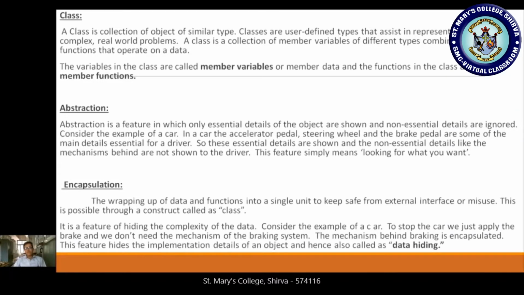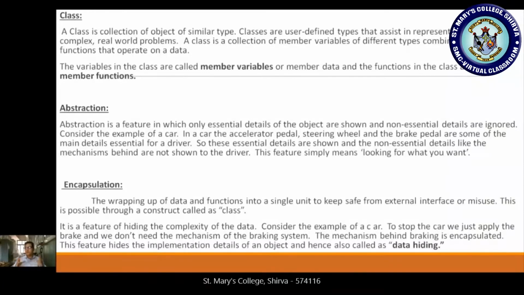So let us see the example of a car. Last time we came to know, if I want to stop the car, I have to press the pedal of the car. Suppose we do not know the mechanism of a braking system, then what happens? The car will not stop, right? The mechanism behind the braking system is encapsulated.